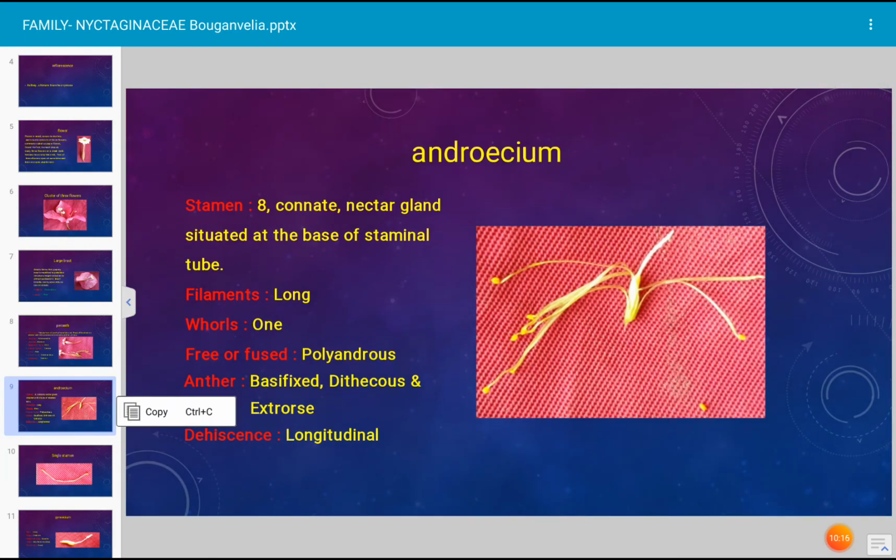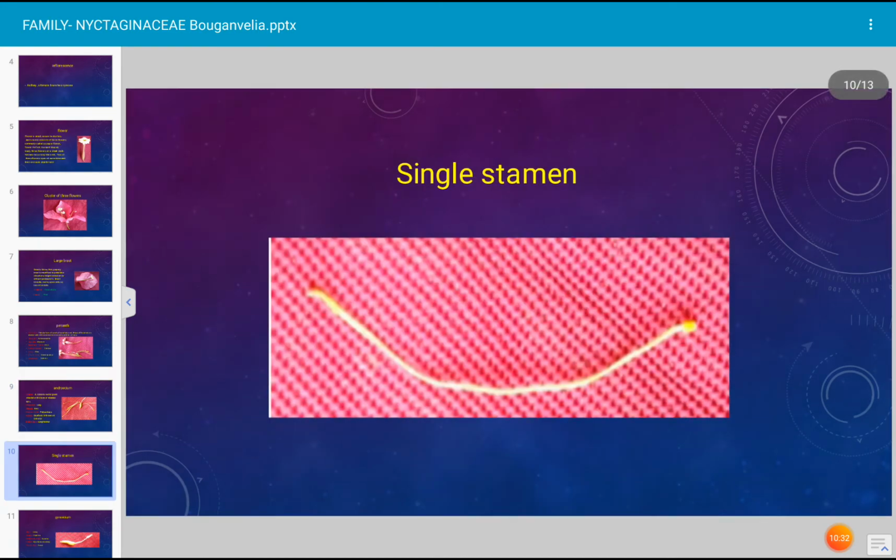The anther opens by a longitudinal slit after maturity of the pollen grains inside the anther lobe. Hence, the dehiscence is longitudinal. Next, this is a single stamen showing a long filament and a basifixed anther.